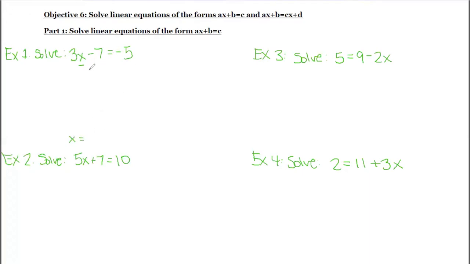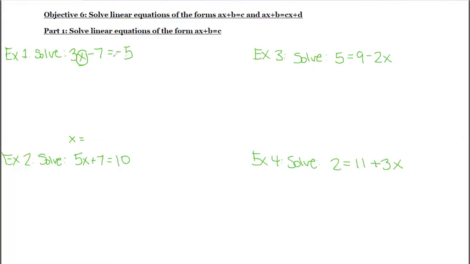If we want to get x by itself, we need to move all of this other stuff to the other side. The 3 and this minus 7 are stopping us from having the x by itself, but we cannot mess with the 3 yet because we have to get rid of the negative 7 first.